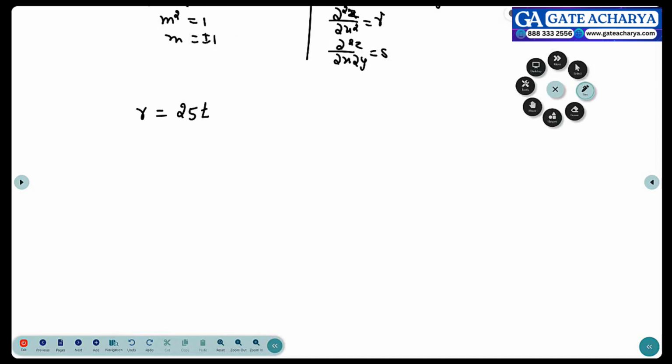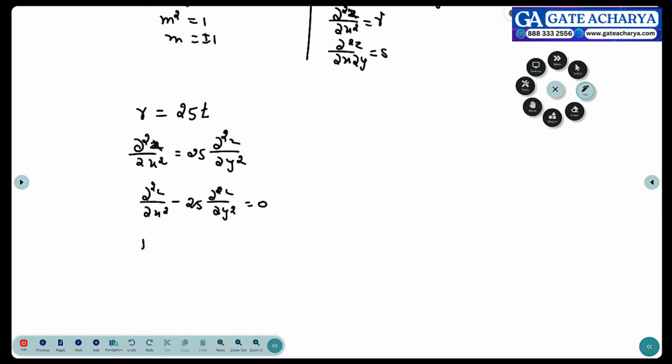So what is our partial derivative? r means dou square z by dou x square, equal to 25 times t. What is t? Dou square z by dou y square. Right? So dou square z by dou x square minus 25 dou square z by dou y square is equal to 0.